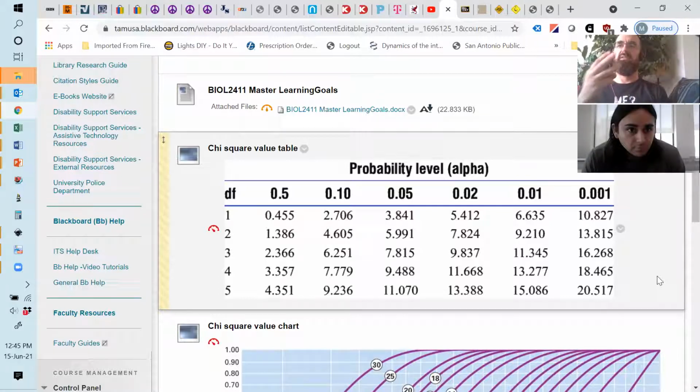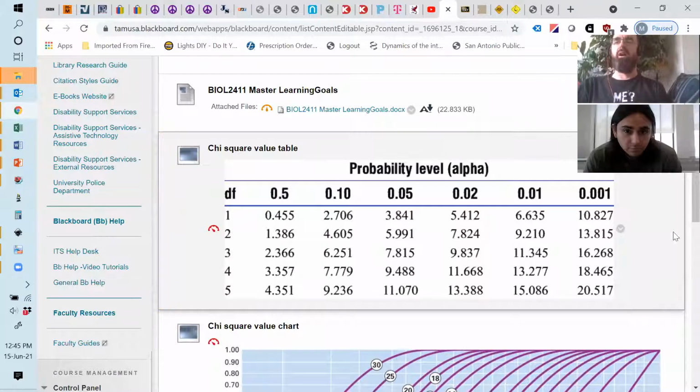Essentially there are 3 different bits of information for a chi-squared test: chi-squared value, degrees of freedom, p-value. You use your chi-squared value and the degrees of freedom to work out the third value, which is the p-value.